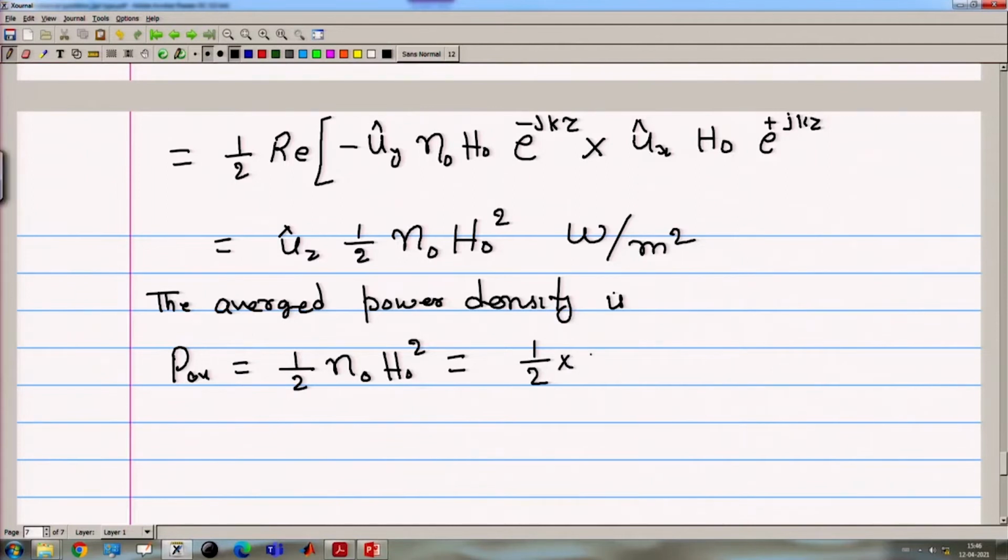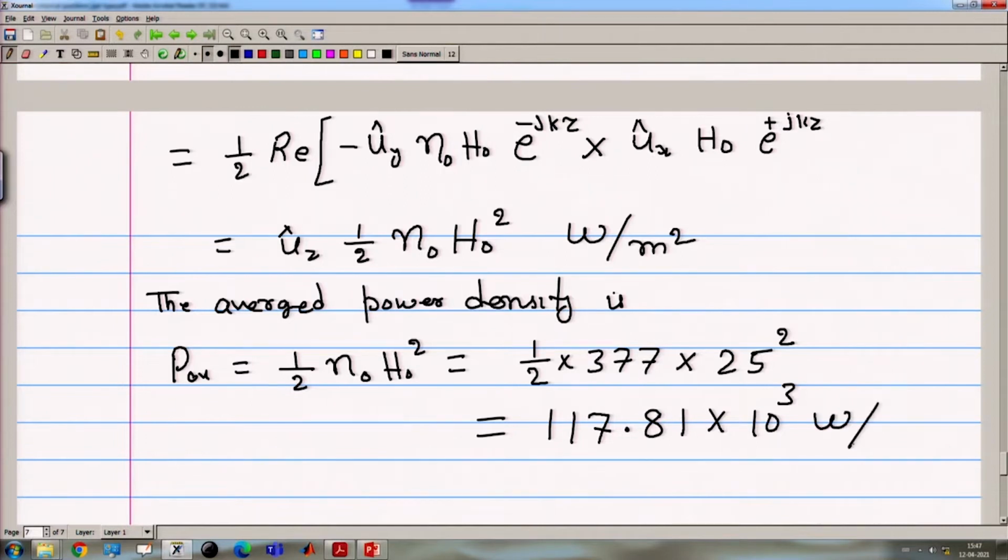So, this eta naught will be 377 ohm into H naught is given, that is 25 ampere per meter, 25 square, and so the answer for the first part will be 117.81 into 10 to the power 3 watt per meter square.